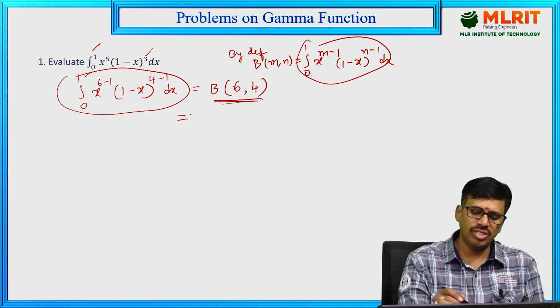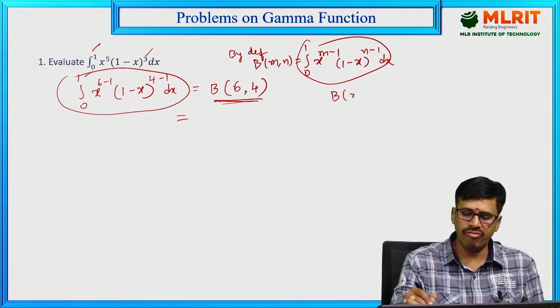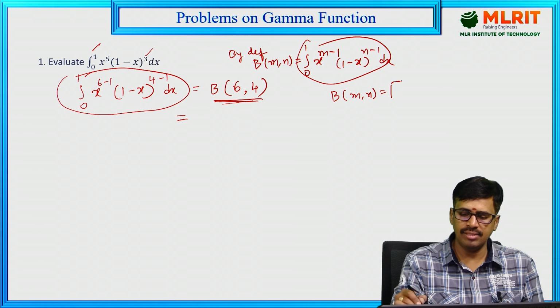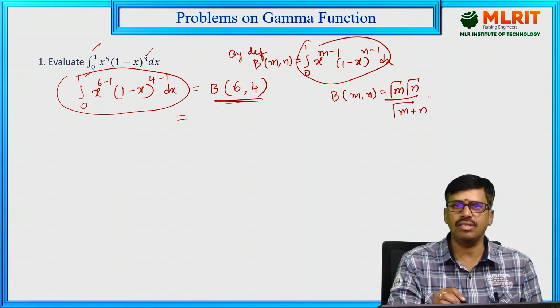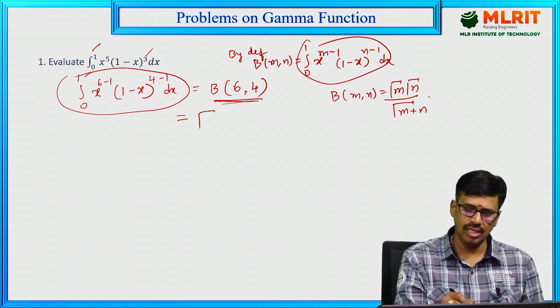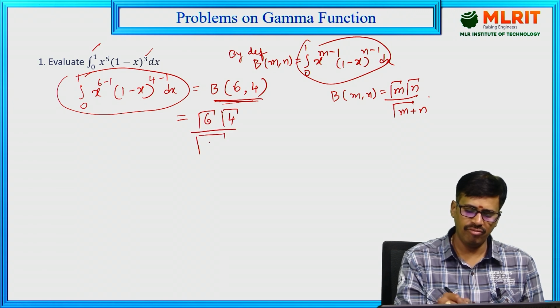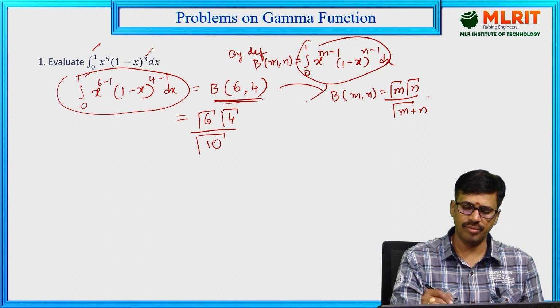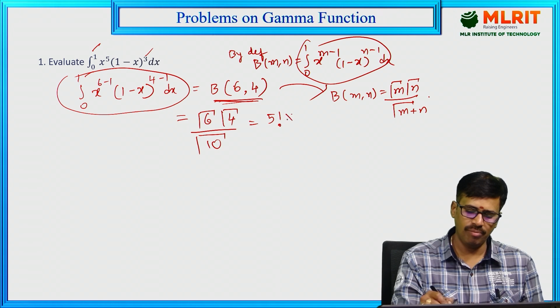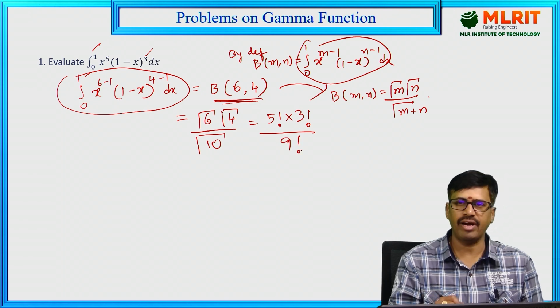Just now we have seen beta of m comma n is the same as gamma m into gamma n divided by gamma of m plus n. So this is gamma 6 into gamma 4 by gamma 10. Gamma 6 can be written as 5 factorial, gamma 4 as 3 factorial, and gamma 10 as 9 factorial.